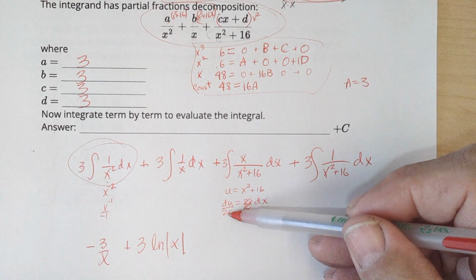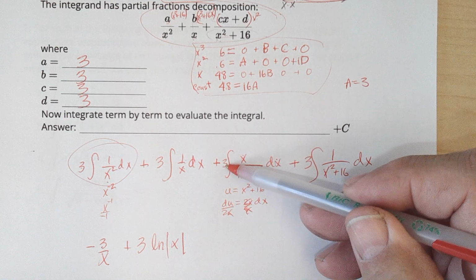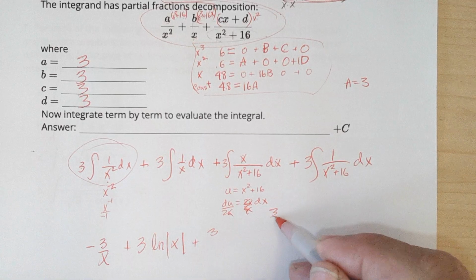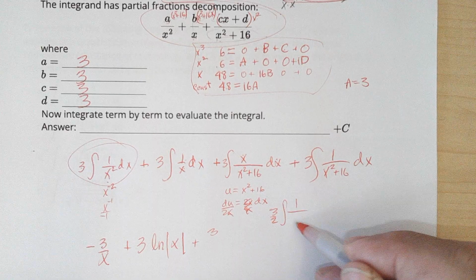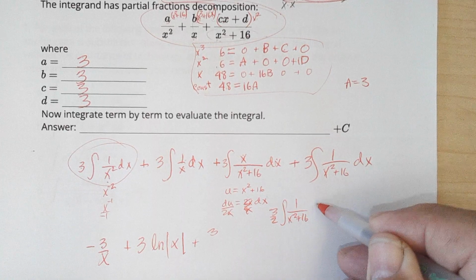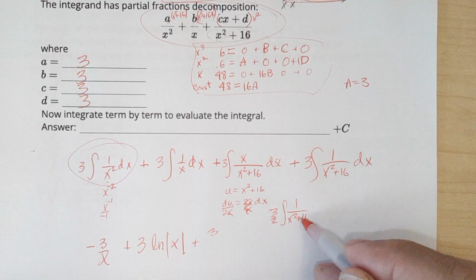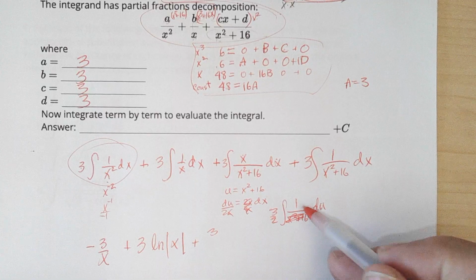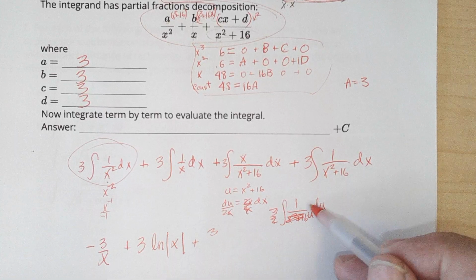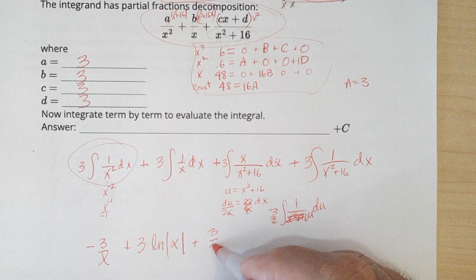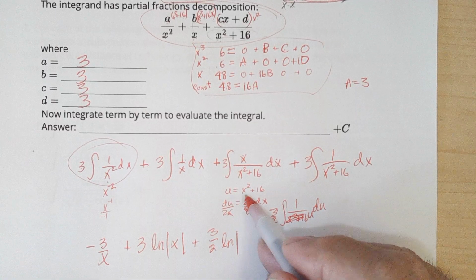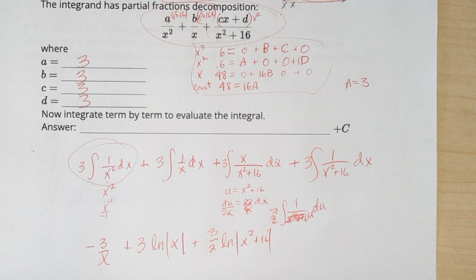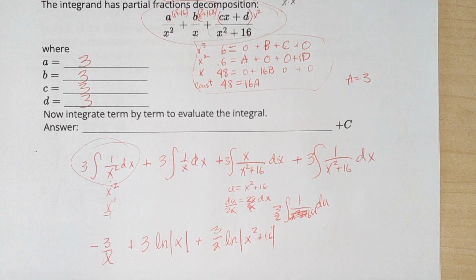So dx would have a 2x in the denominator, the x would cancel, and I'd get a 2 under that, so I'm going to get 3 halves integral of 1 over u du, and that would be 3 halves ln of u, but u was x squared plus 16. So that's that one.